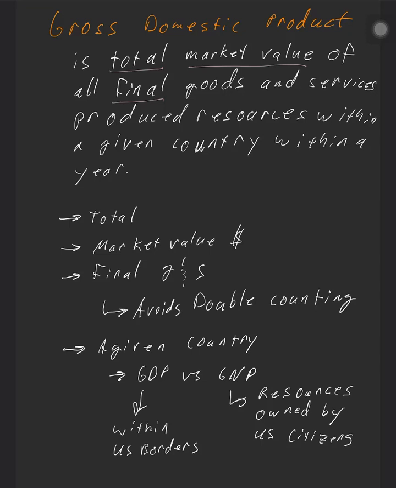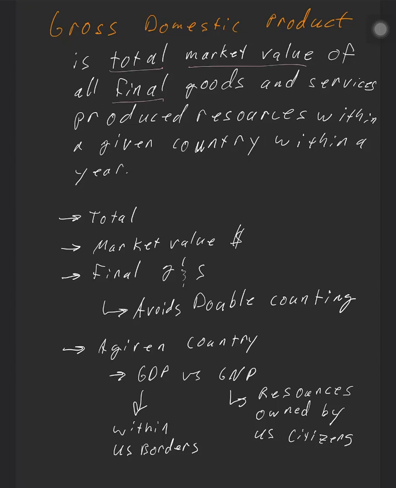Next, we're trying to measure the market value, right? One of the things that we're doing here is we could just count up everything that's made, right? And we could say there's been X billion things made by the U.S. economy. What using market value does is it translates those into dollar values so that we can have a sensible thing that we add up.